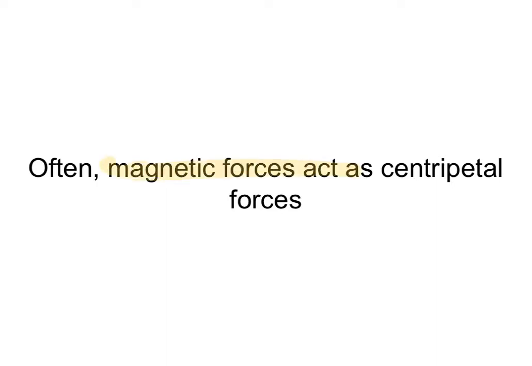So, quite often when a particle is going into a magnetic field, so if I draw a magnetic field, say, coming out of the page like so, and I draw a particle of some kind traveling into that magnetic field, the particle is going to feel a force pointing to the right.